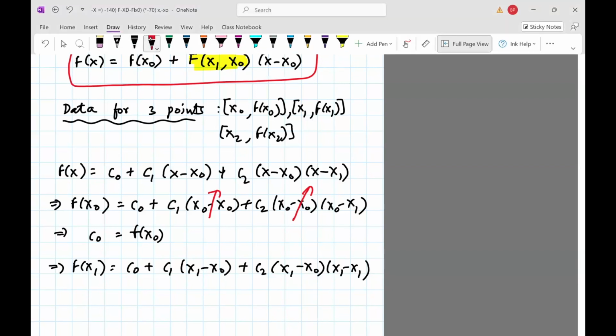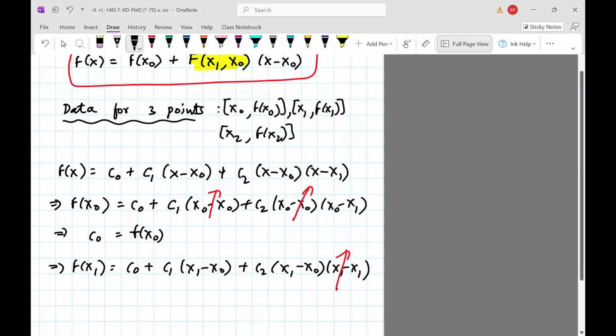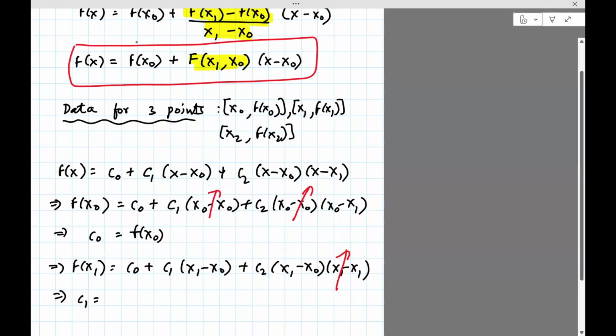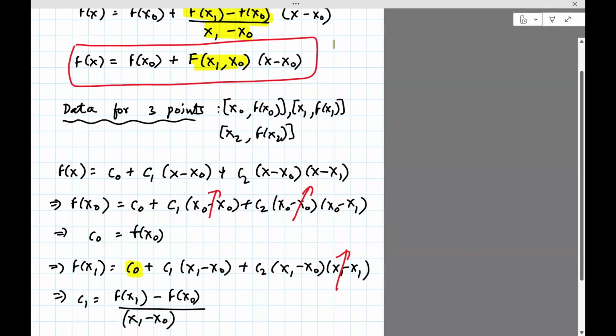What happens here is this term is 0. And then if you try to solve for c1, you end up with f of x1 minus f of x0 over x1 minus x0, which I obtained by subbing in the value for c0. c0 is here, so I can move it around.